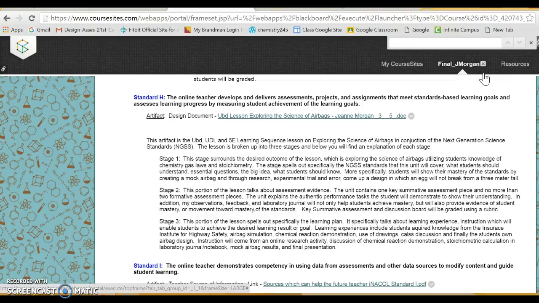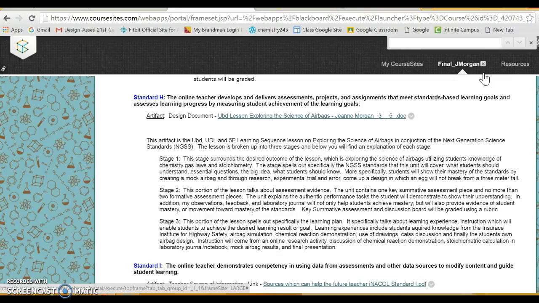Stage 1 talks about the standards, the essential questions, the big idea. Stage 2 explains, in addition to observations and feedback, laboratory journal, how all these things help provide evidence of mastery towards the standards, and the key summative assessment and discussion board, of course using a rubric.